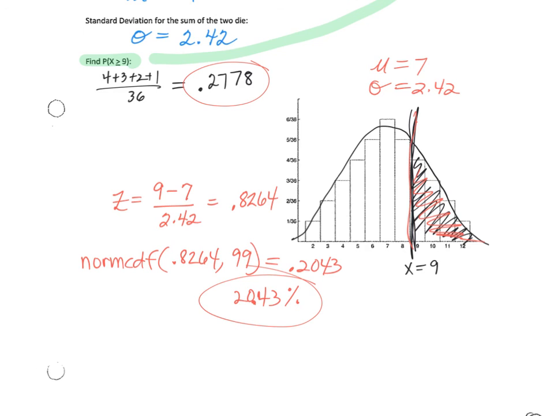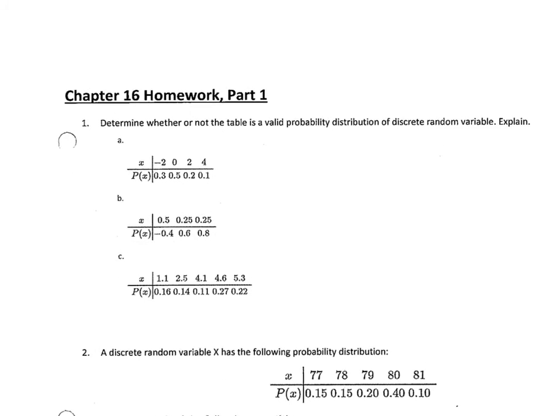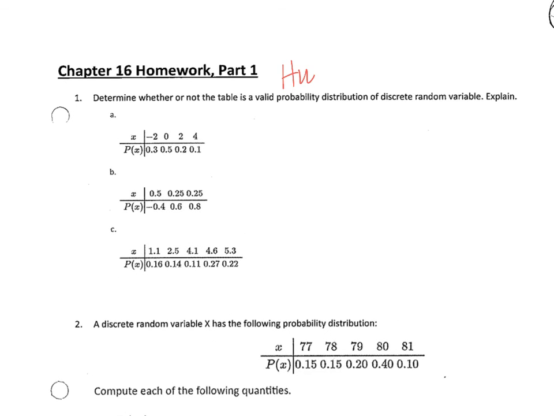And so the last thing to tell you is what your assignment is. Your homework is pages 6 through 8. On this assignment, I want to talk to you about just the first one real quick. It says, determine whether or not this table is a valid probability model. Before you pack up, listen up. Can you tell me the qualities of these probabilities in order for it to be valid?